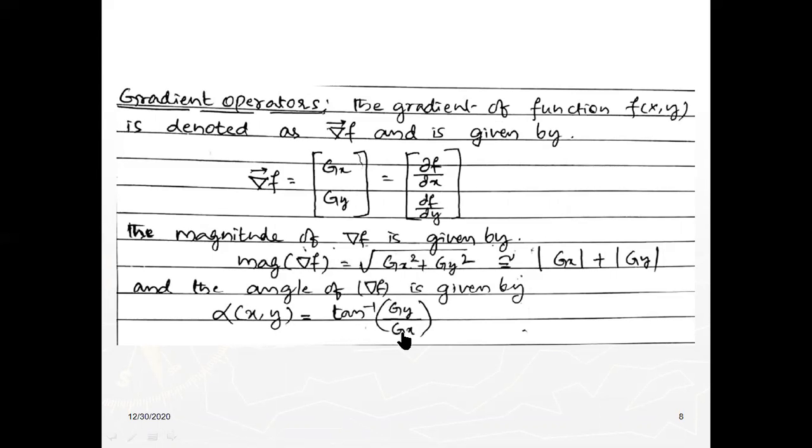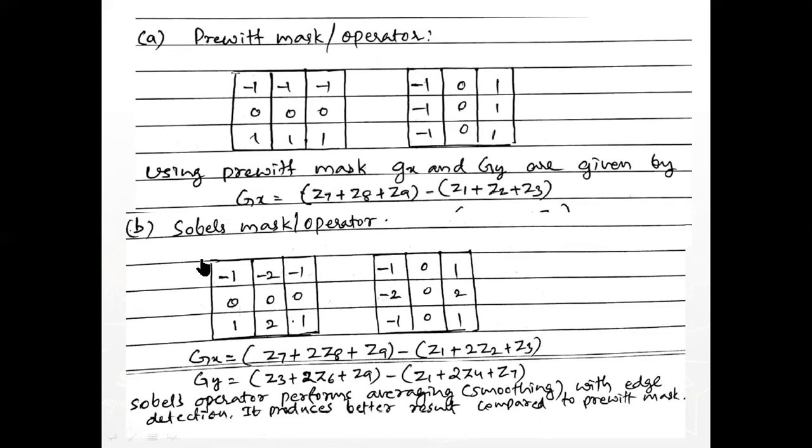Similarly, the Sobel's mask is given by this particular diagram. If you look at the difference between Sobel's mask and the Prewitt mask, the only difference is the central element. Instead of 1, we have 2. Here it is minus 2, here it is plus 2.